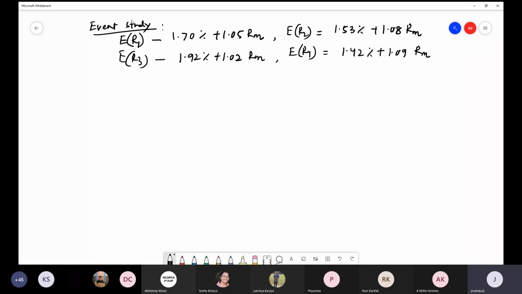There are 4 companies, and they have increased their dividend. The event was they have increased their cash dividends, let's say for the year 2020.